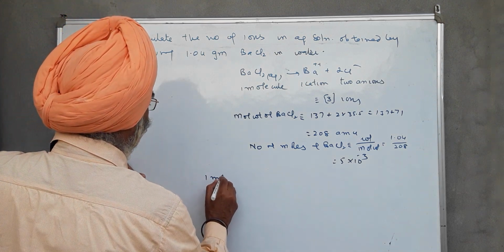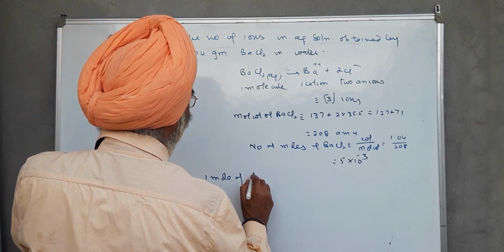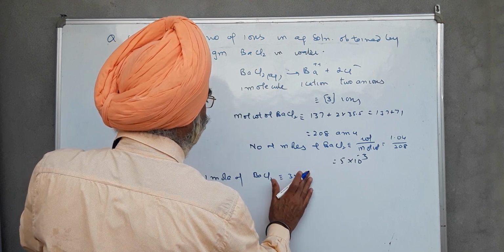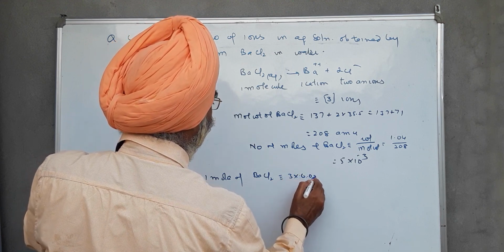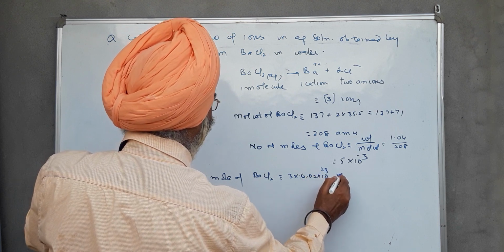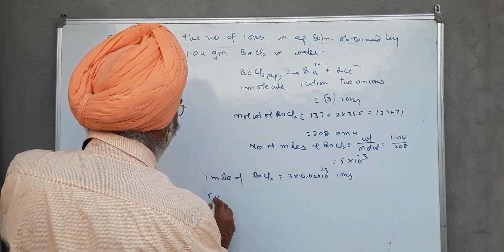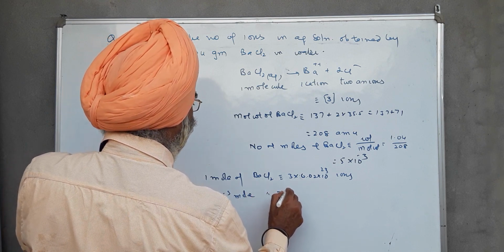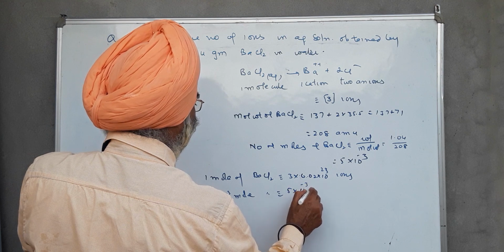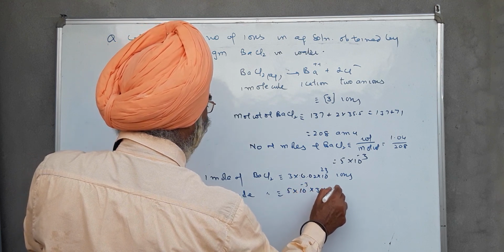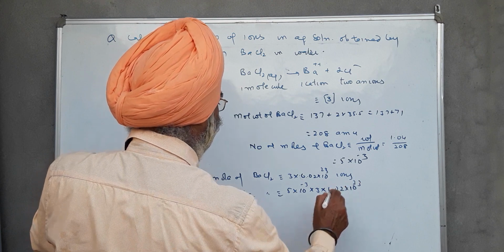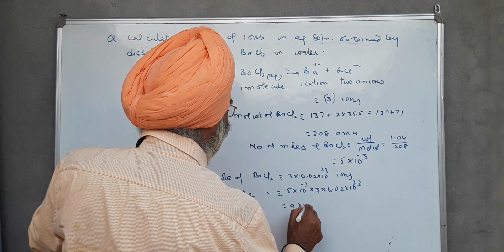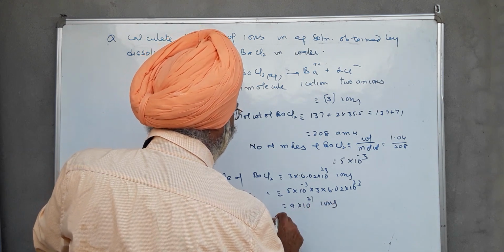1 mole of barium chloride gives 3 into 6.02 into 10 raised to the power 23 ions. So 5 into 10 raised to the power minus 3 mole gives 5 into 10 raised to the power minus 3 into 3 into 6.02 into 10 raised to the power 23. It is 9 into 10 raised to the power 21 ions.